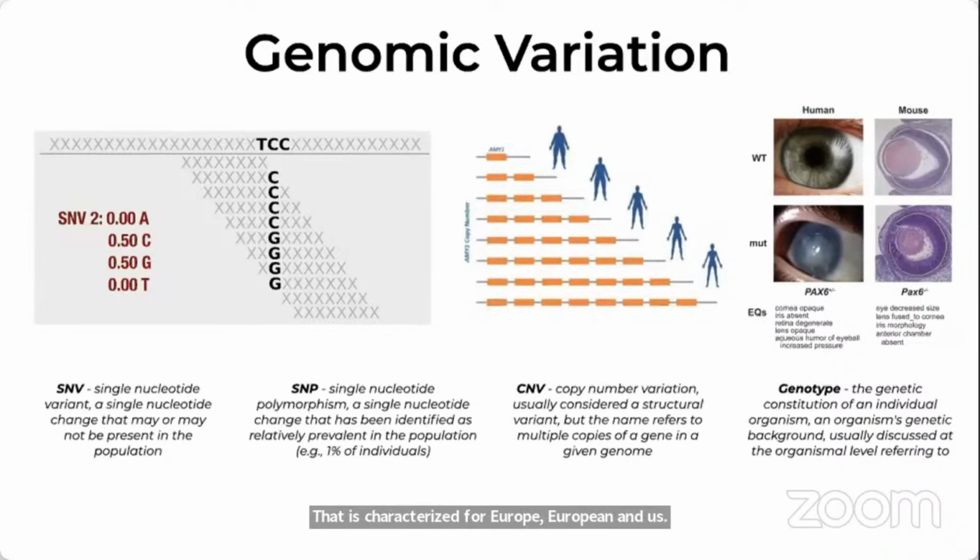So these are all different forms of variants that may or may not end up causing differences in the phenotypes of the samples.